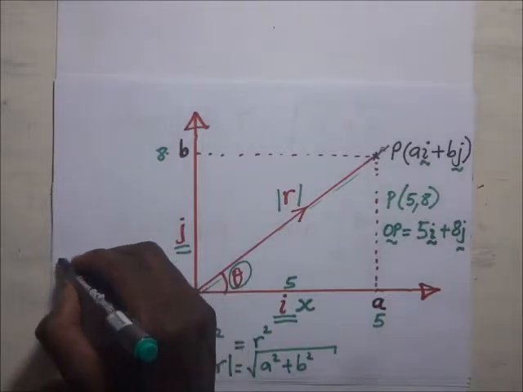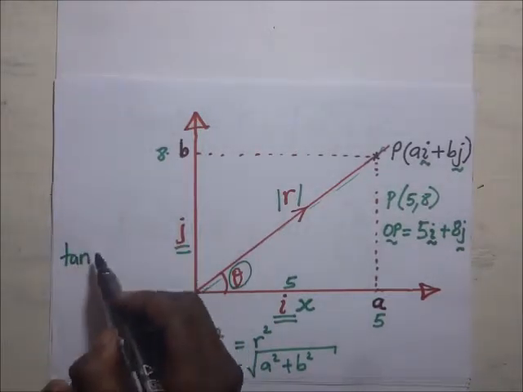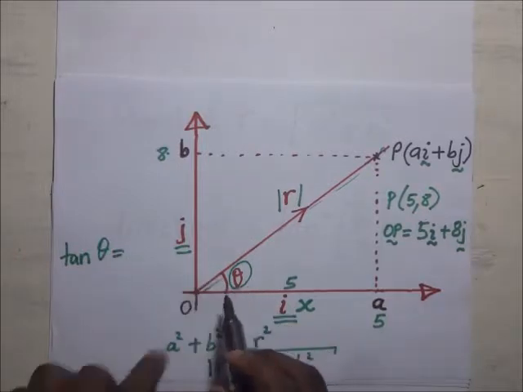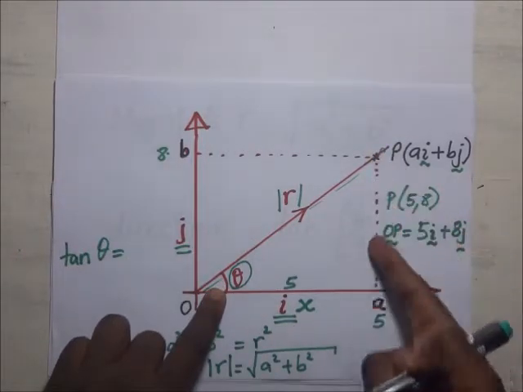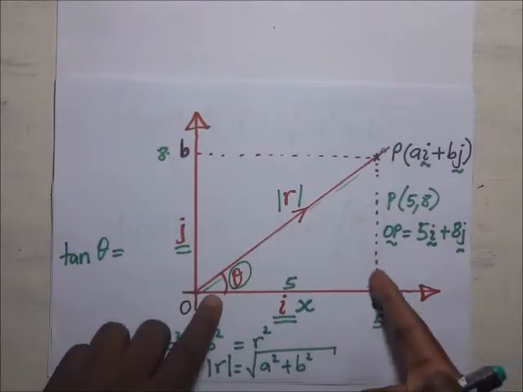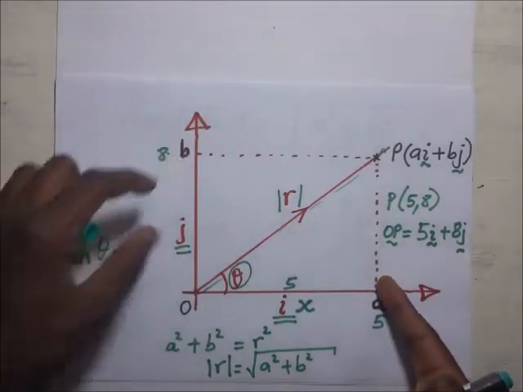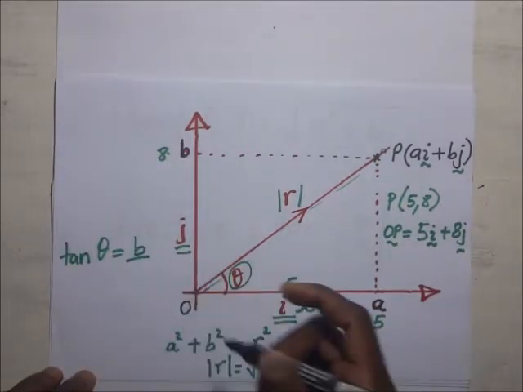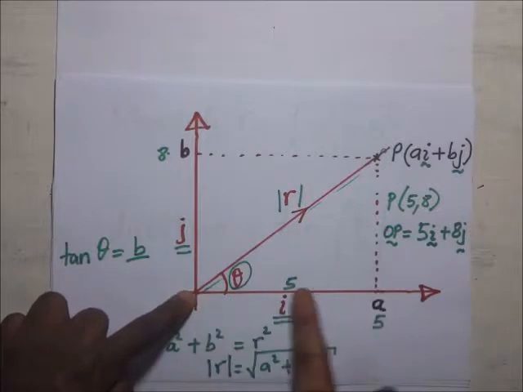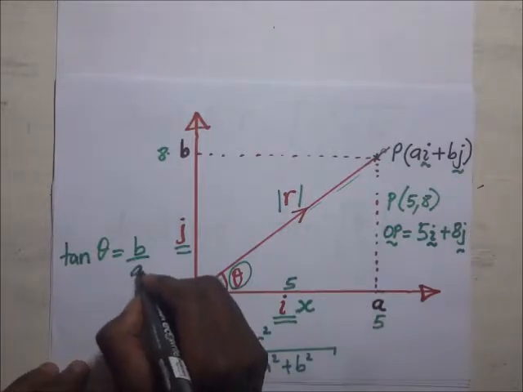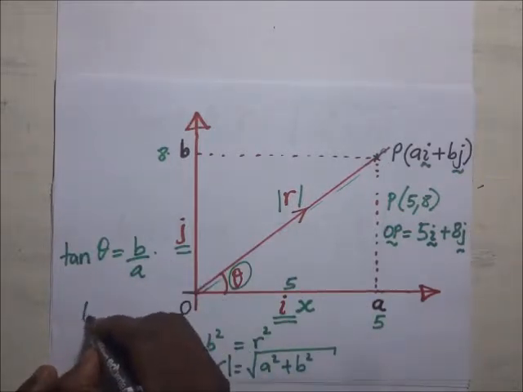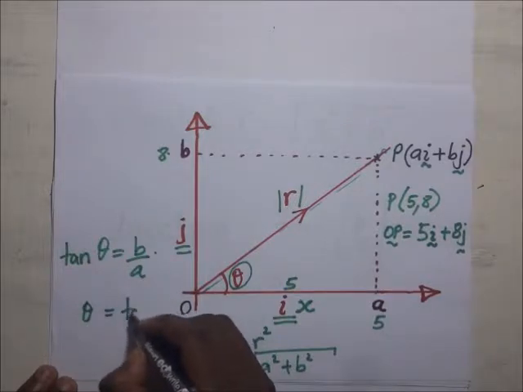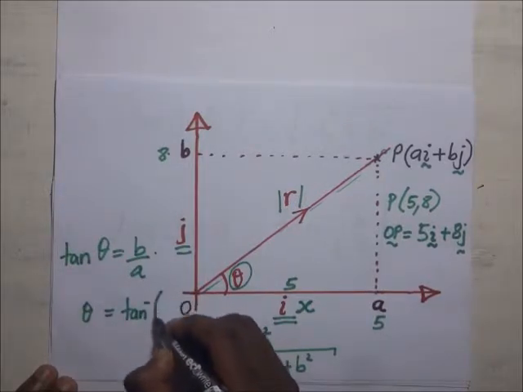Tangent of theta is equal to the opposite over adjacent in this right angle triangle. The opposite is B and the adjacent is A. So when we make theta the subject of the formula, theta is going to be tan inverse of B over A.